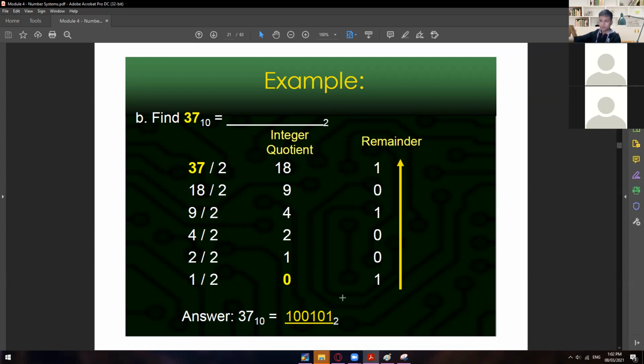So are we clear so far regarding example letter B? Okay, so very good for Mr. Esguera. I guess that he can already get the pattern of the remainder. What do you mean remainder?